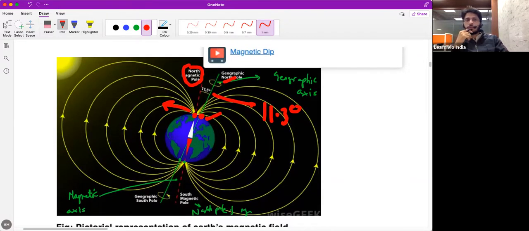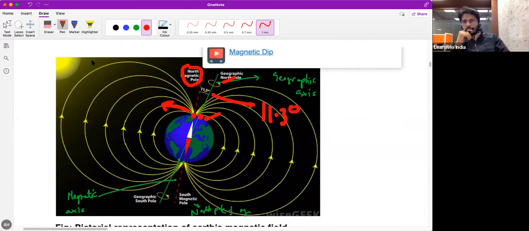We'll need this diagram for the further calculations. Draw this diagram. This is important.